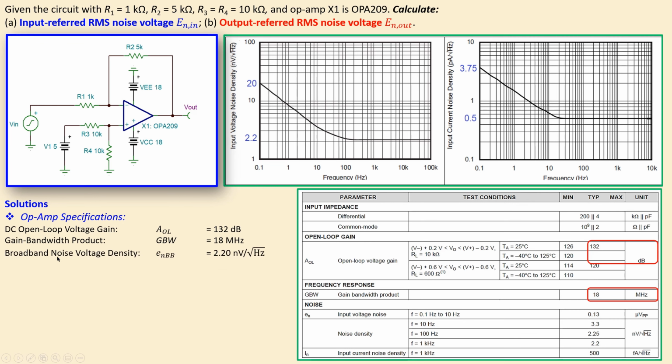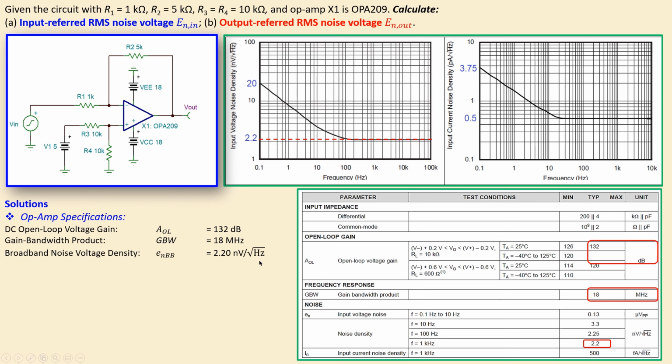The broadband noise voltage spectral density, which is given by this symbol, small letter e sub nBB broadband, is 2.20 nanovolts per root hertz. That is shown here, so you can see also the unit, but that is also visible in this plot. If you look at the plot here, which is of course as a function of frequency, the first part is a different part that will be clarified shortly, but the second part is a constant value, which is called the broadband or the white noise part, and that is approximately 2.2 also in the plot.